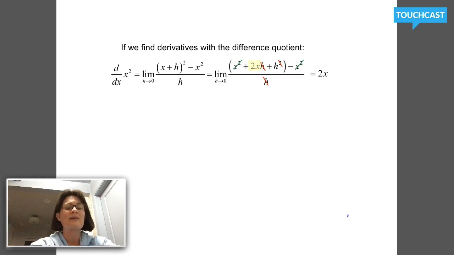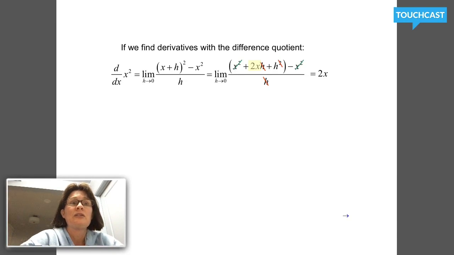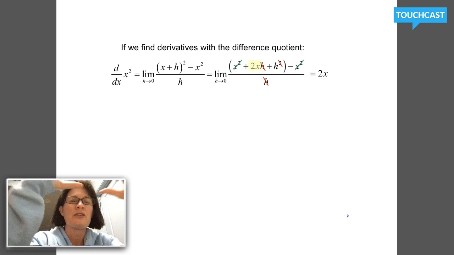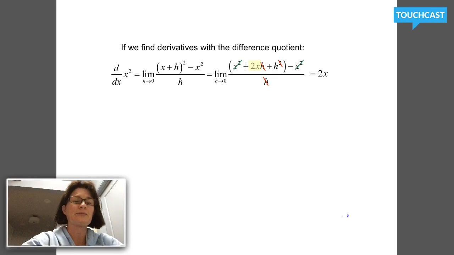I'm going to notice my x squared terms cancel out. I'm going to be able to factor an h from the numerator and denominator to get rid of my divide by 0 problem. And you'll notice here, highlighted in yellow, the only thing left over at the end is 2x. And you can see where that 2x came from. It was 2x times h once I had expanded x plus h squared, but with an h canceled out.